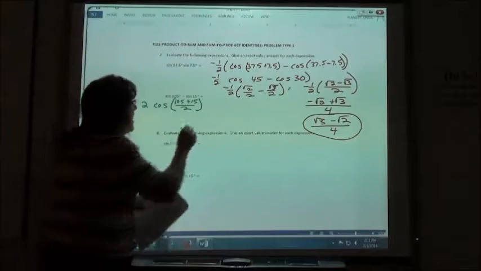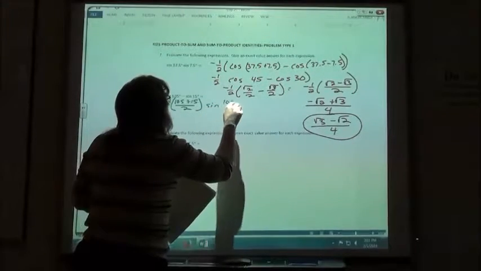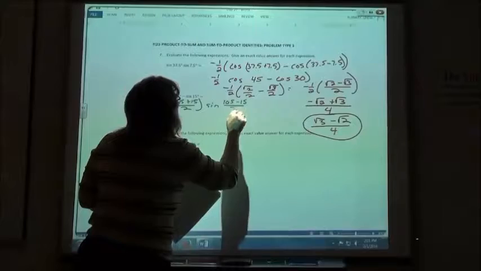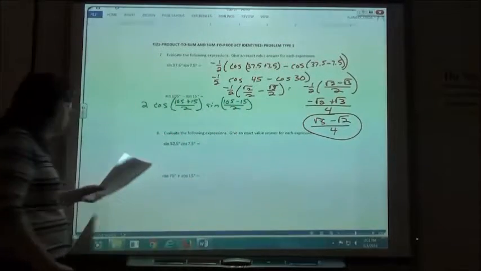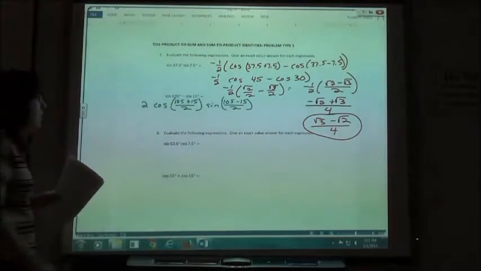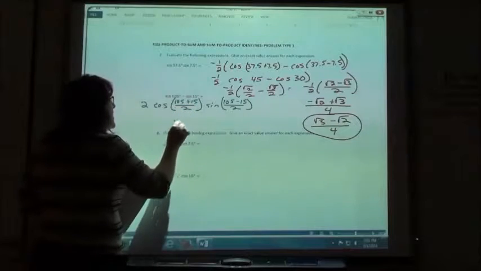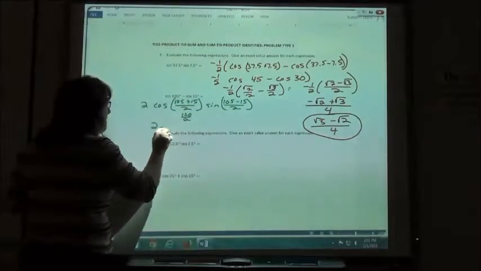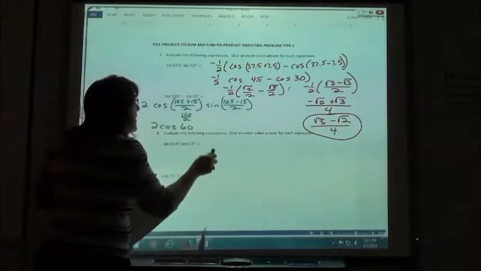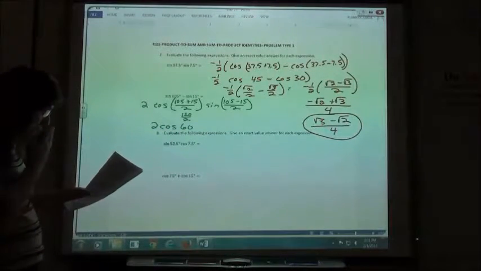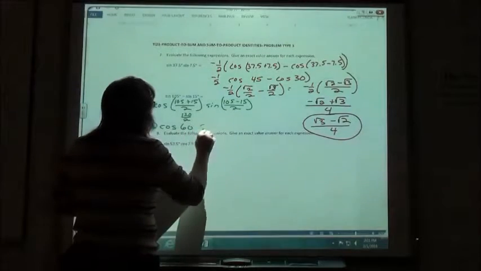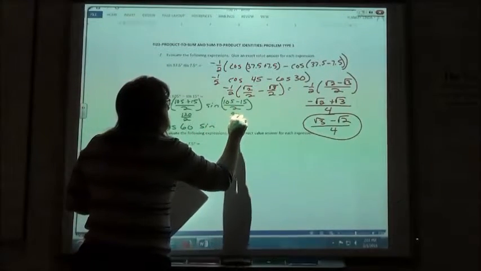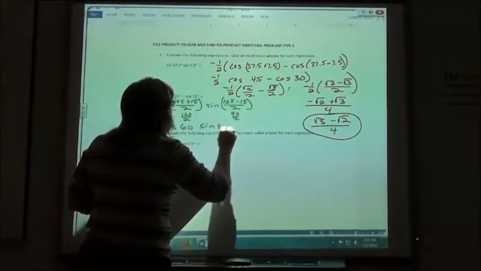And then we have the sine of 105 minus 15 over 2. So if I add 105 and 15, I would get 120 over 2, which is 60. If I do 105 minus 15, I get 90 over 2, which is 45.